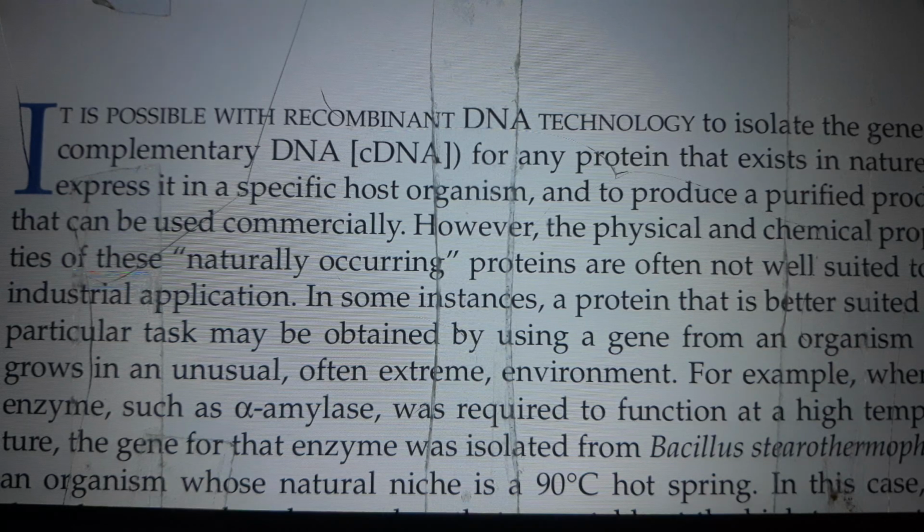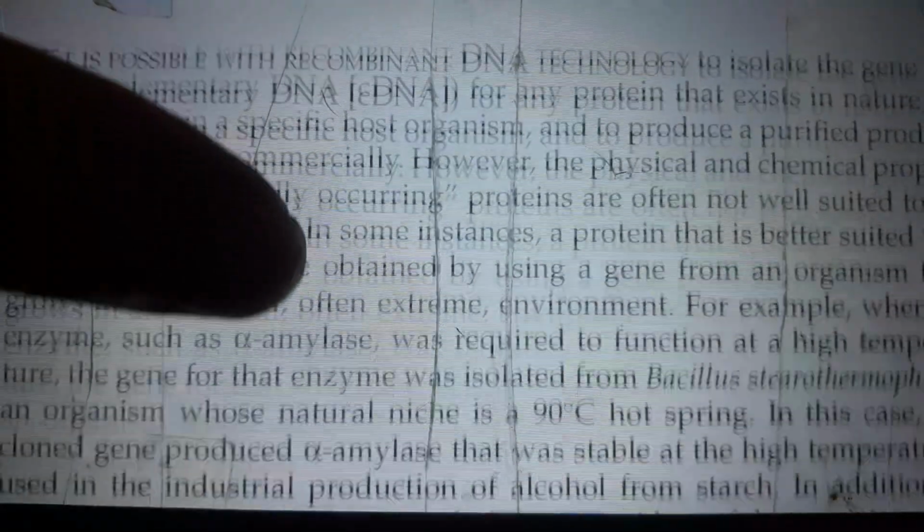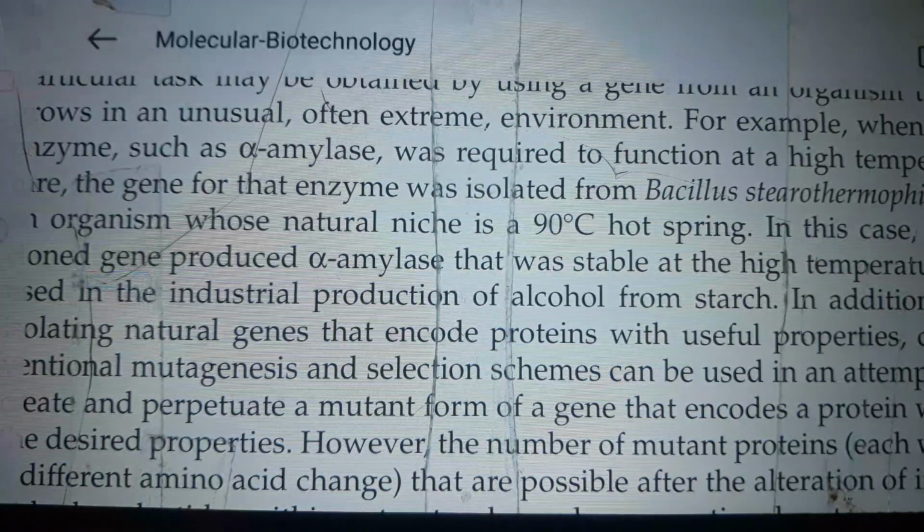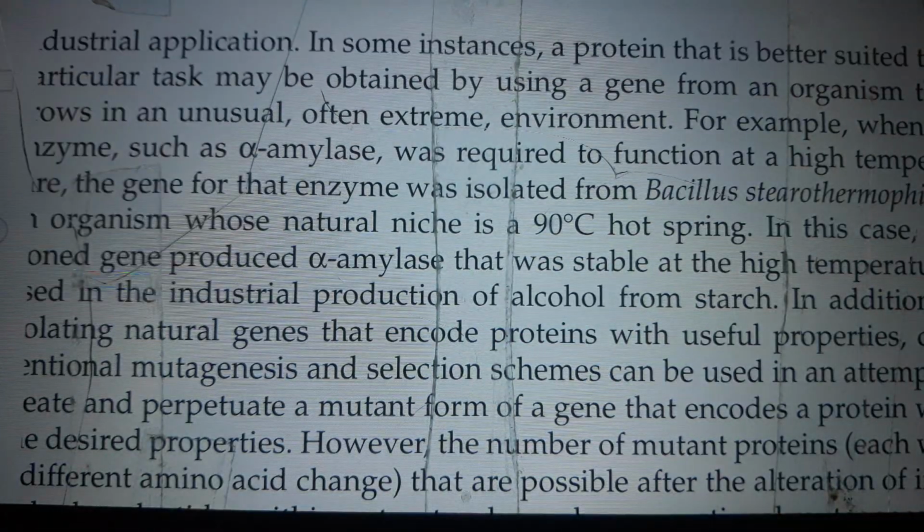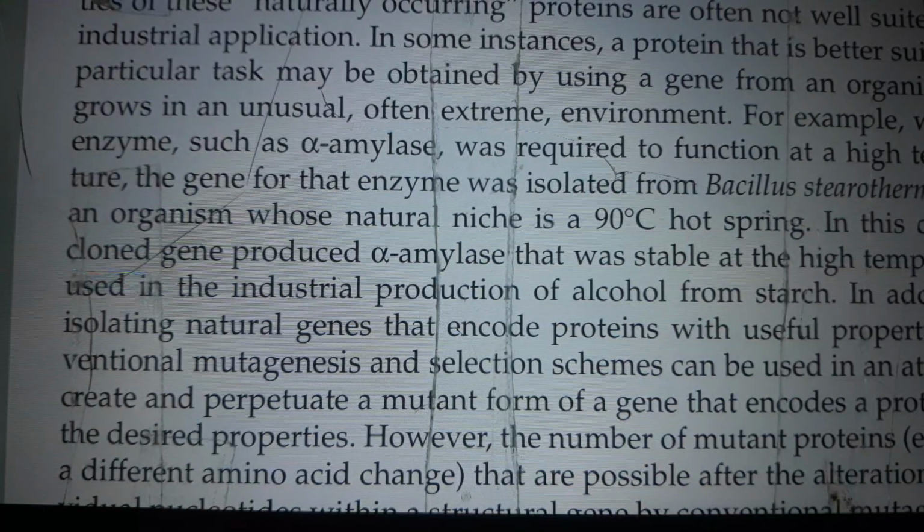In some instances, a protein that is better suited to a particular task may be obtained by using a gene from an organism that grows in an unusual, often extreme environment.